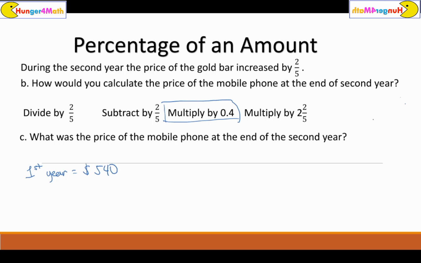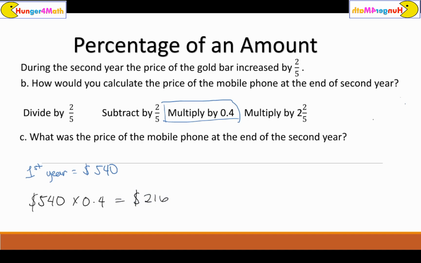On letter C, what was the price of the mobile phone at the end of the second year? On the first year, we calculated it. It's now in the amount of $540. On letter B, to calculate the amount of the mobile phone at the end of the second year, we have to multiply it by 0.4. So, $540 multiplied by 0.4 is equal to $216.